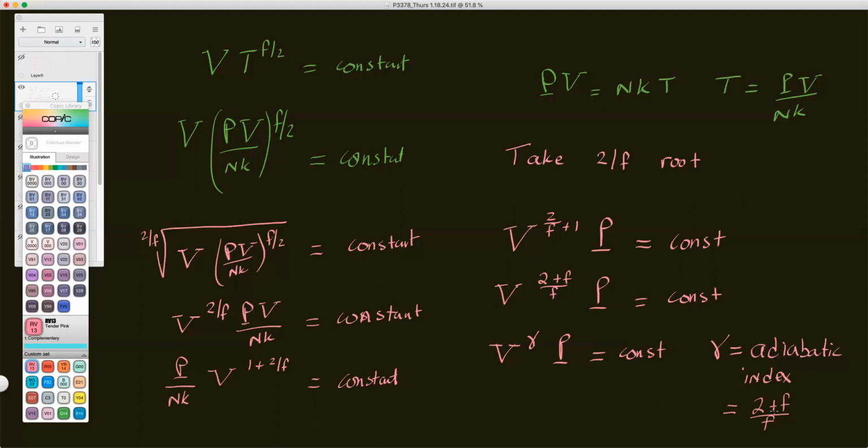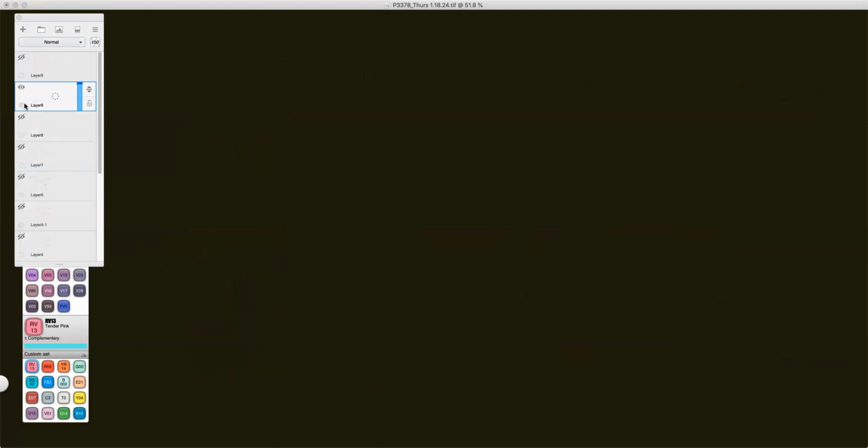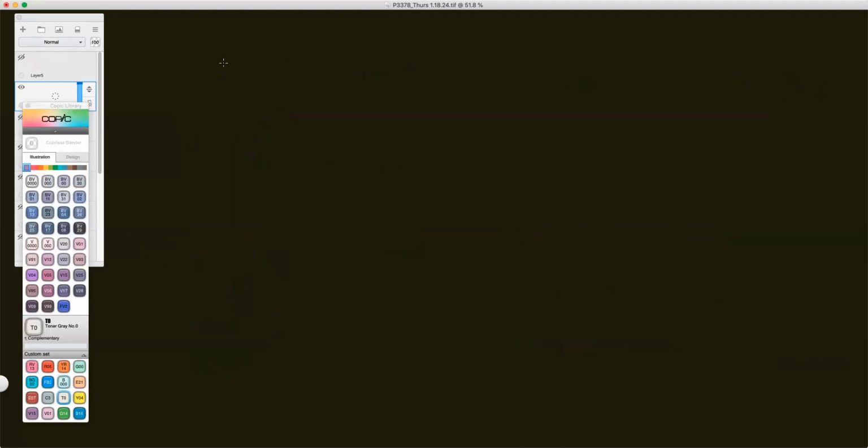Okay, so let's draw these processes. Let me get another layer here. If I draw it on a PV diagram, we have V and P. Then let's draw two isotherms. We never really drew the isotherms, but they look like these nice curves.